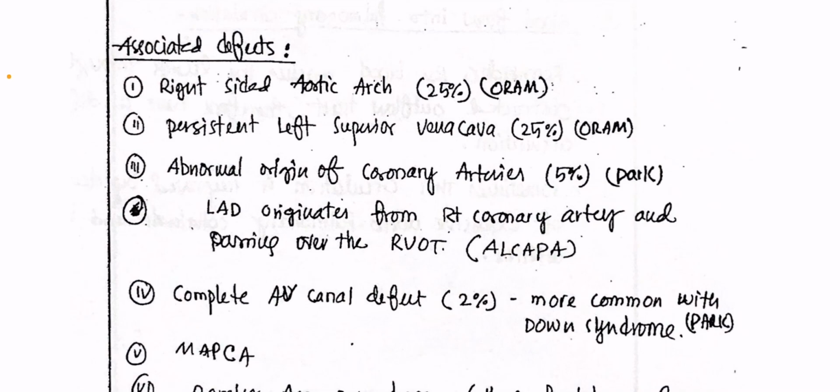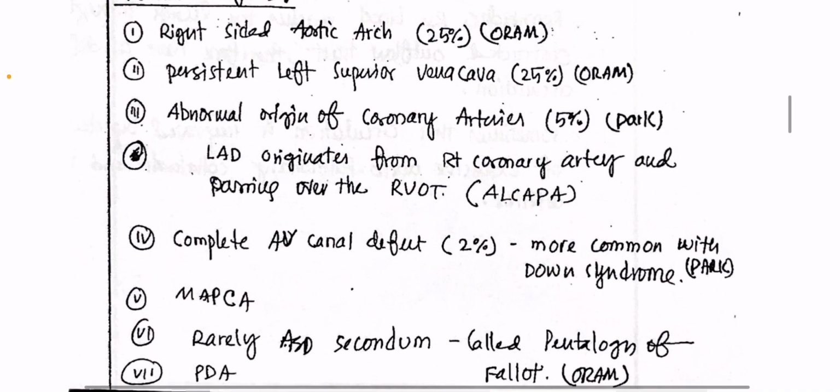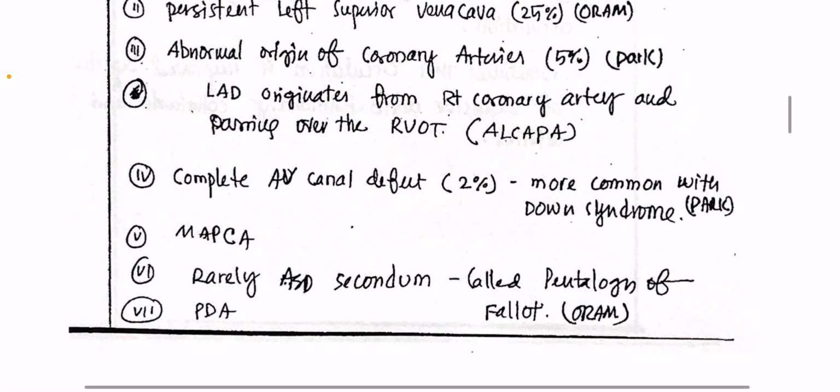Complete AV canal defect 2%, more common with Down syndrome. MAPCA, rarely ASD secundum, called Pentalogy of Fallot, and PDA.